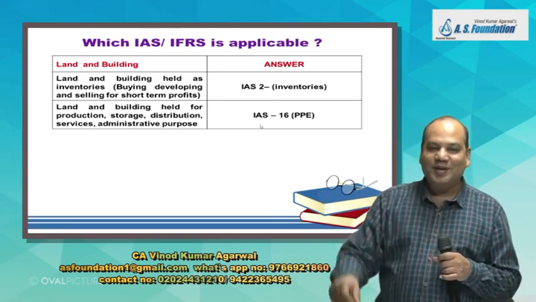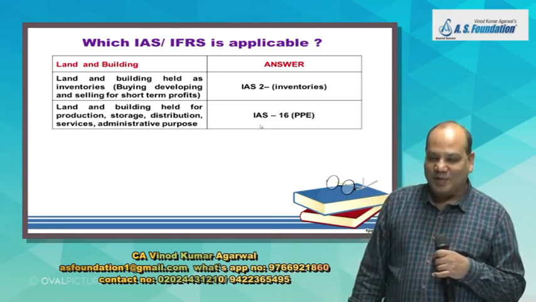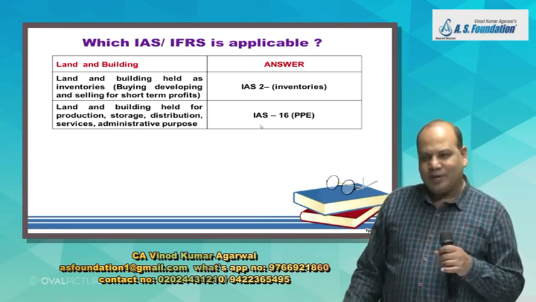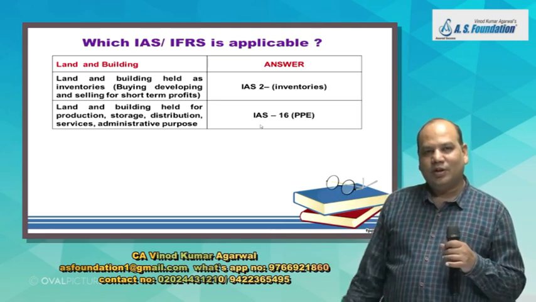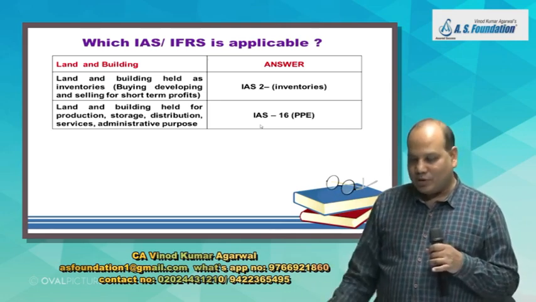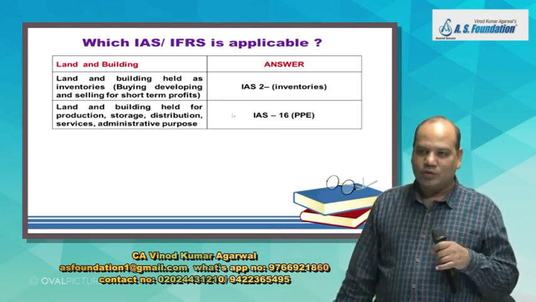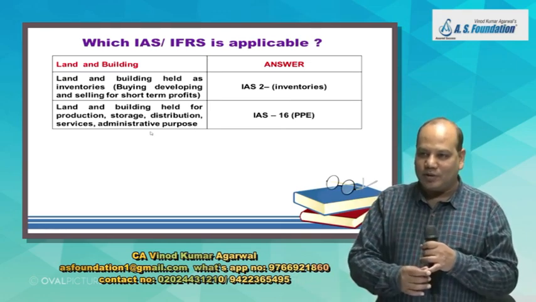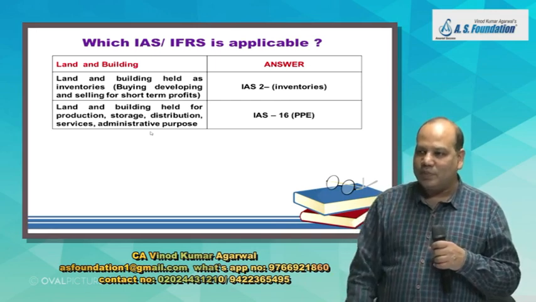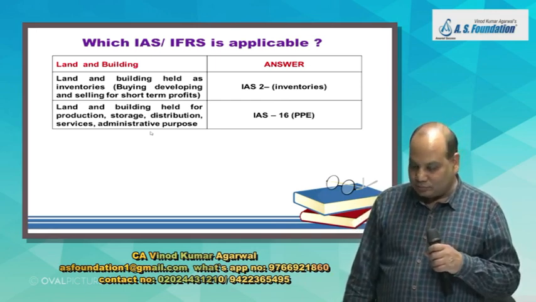Your question should be, in case of cost model, why do we provide depreciation? Earlier there was no depreciation under cost model, but over a period of time, they have thought that if we are following cost model, then it should be accounted like property, plant and equipment, and then provide depreciation on that.